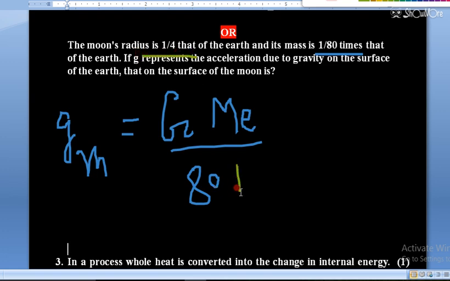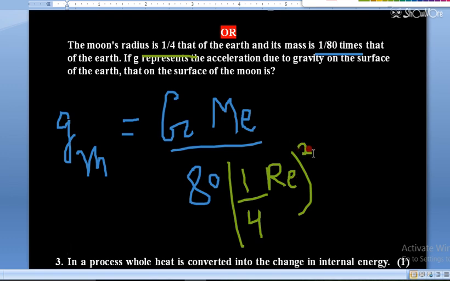So instead of radius of moon, can I write radius of moon in terms of radius of earth? It is given 1 by 4 times. So I will write here 1 by 4 into R E square.